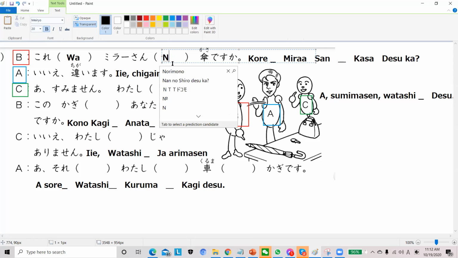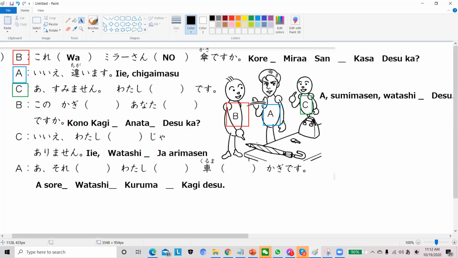So you're saying, is this Mira-san's umbrella? There will be a possessive connecting two nouns here. This umbrella belongs to Mira-san.